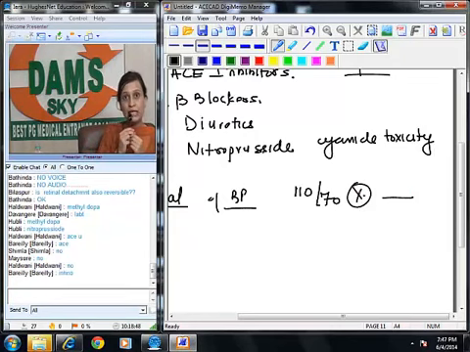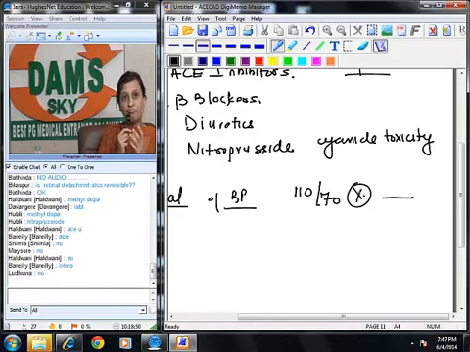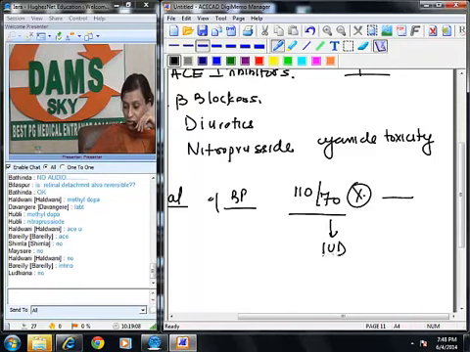Because as I told you, patients of preeclampsia already have a low intravascular volume. If you further reduce the blood pressure, what is going to happen? You're going to reduce the cardiac output, and in turn you're going to reduce the uteroplacental blood flow. And such low blood pressures would cause IUD.